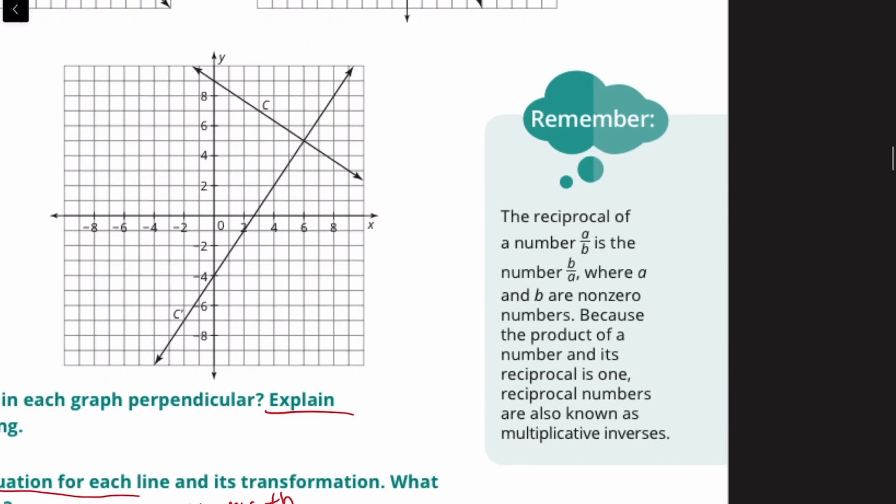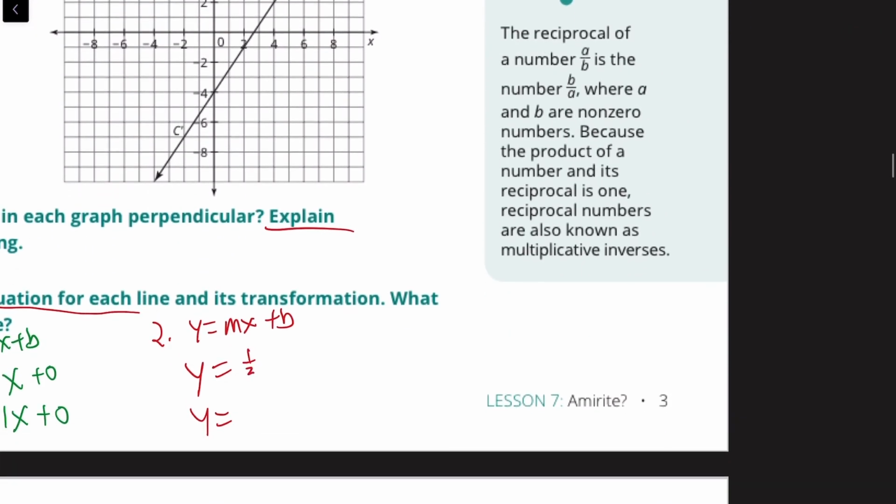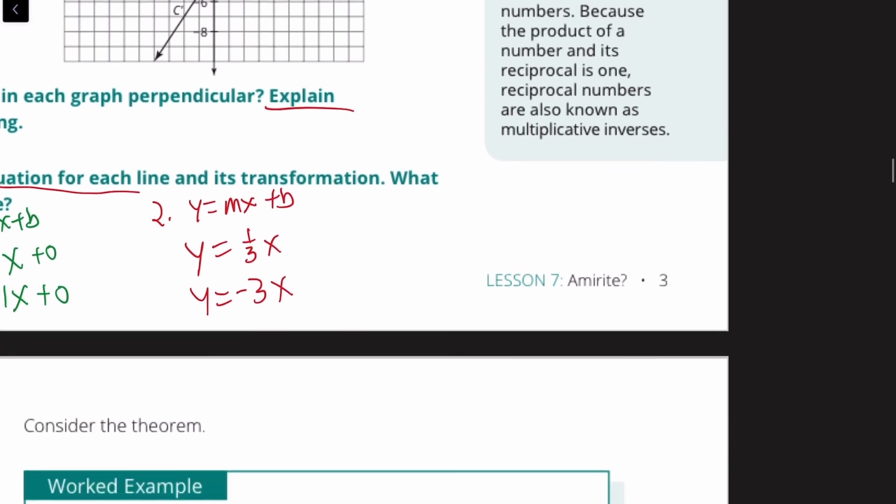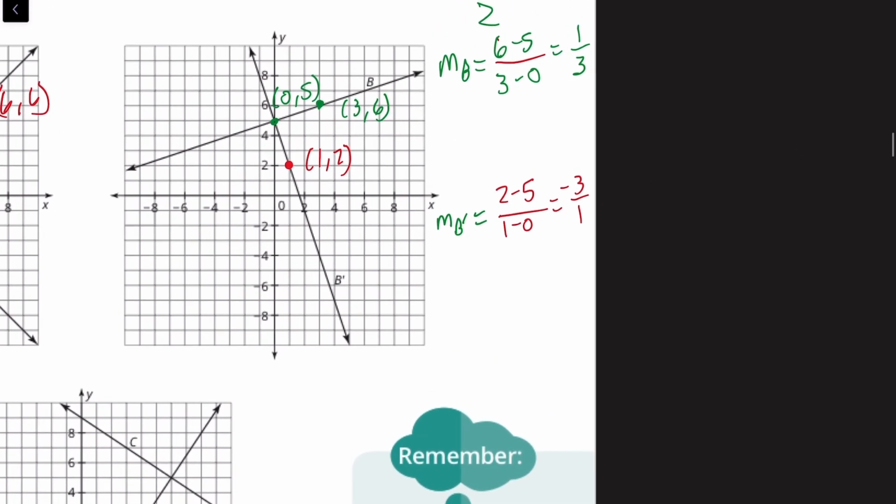So the first time it's 1/3 times x, and the second time it's negative 3 times x. The reason I'm writing negative 3 instead of negative 3 over 1 is because 1 fits into 3 times.